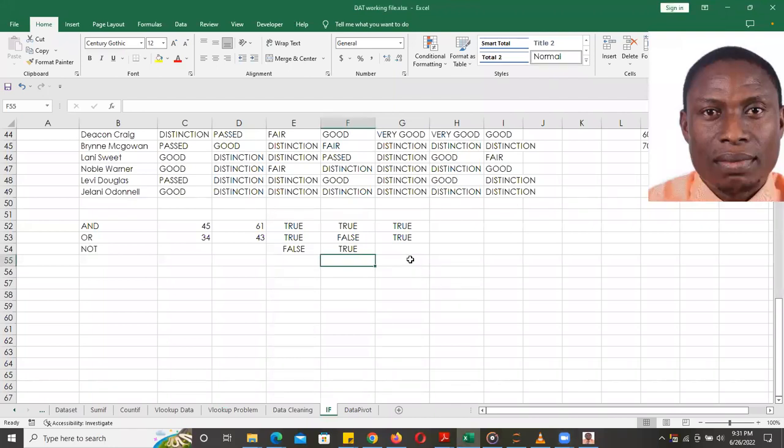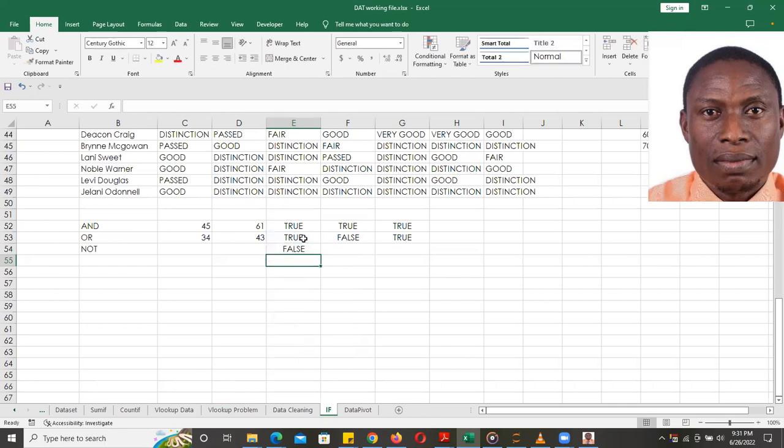Please, can you take back this NOT again? The NOT will always give you the opposite of what you key in. Like this, you want to key in true. Equals NOT true.